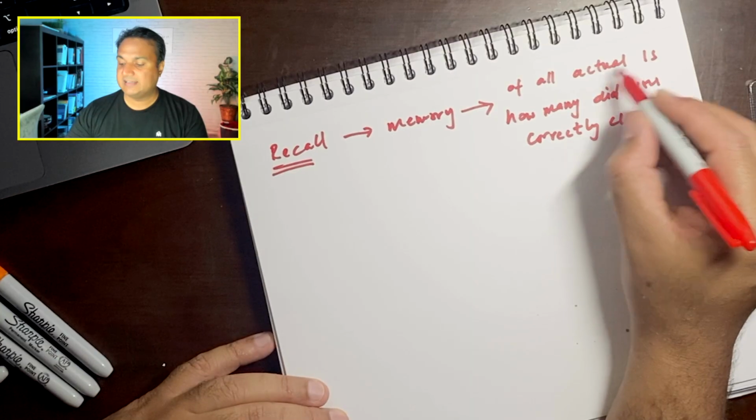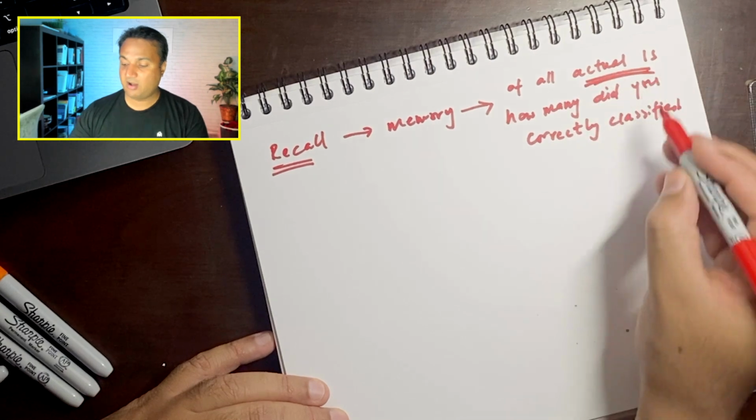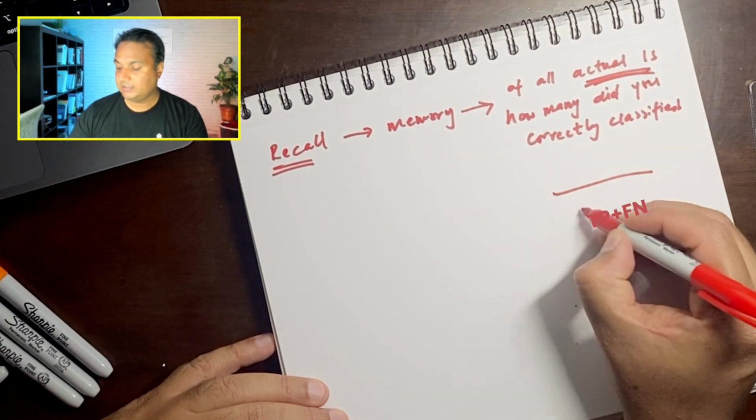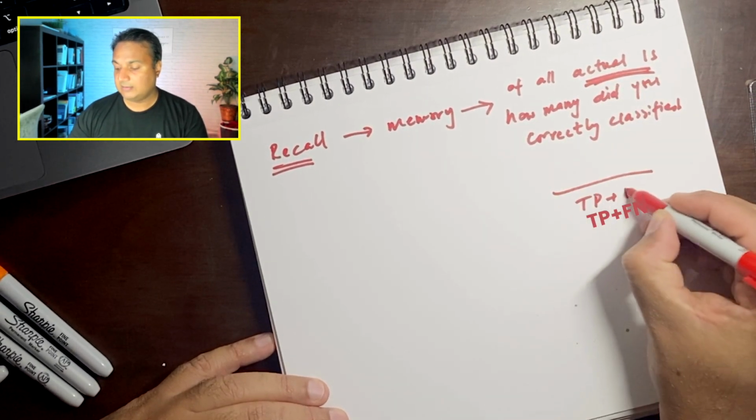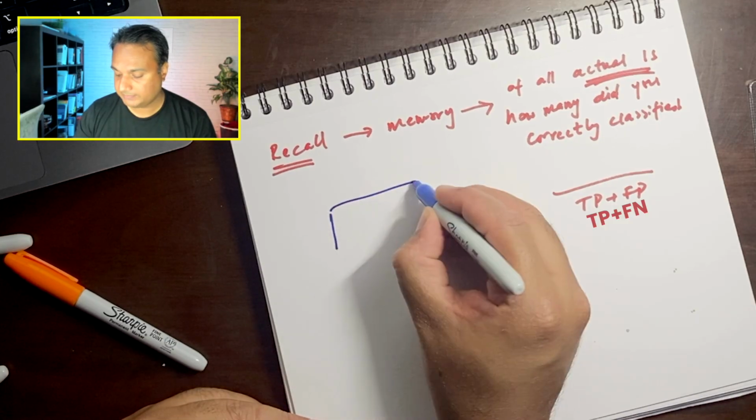Once you understand this intuitive explanation, you can step back and derive the formula. We can see that the denominator here is all the actual ones. Let me draw the confusion matrix again so that you can see what I'm saying.